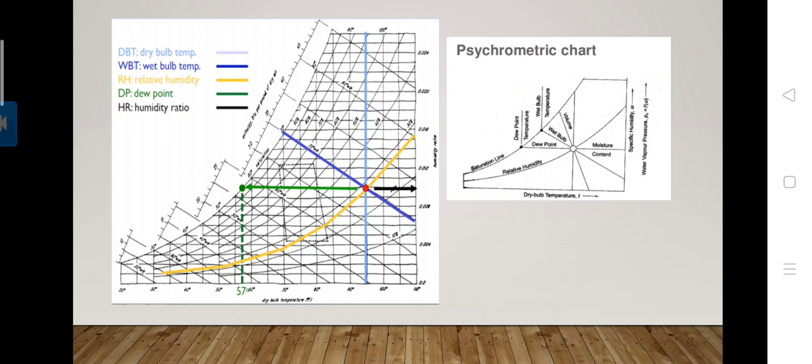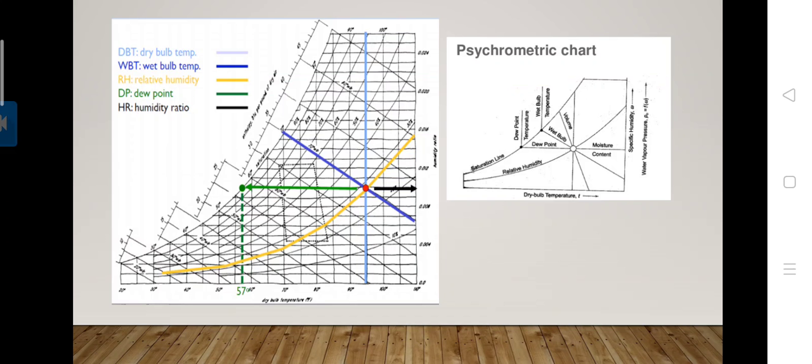Next are the relative humidity lines. The saturation line represents 100% relative humidity, and from this line many uniformly spaced curves are drawn representing different values of relative humidity. We read relative humidity in percentage, and along a constant relative humidity line the relative humidity remains constant.